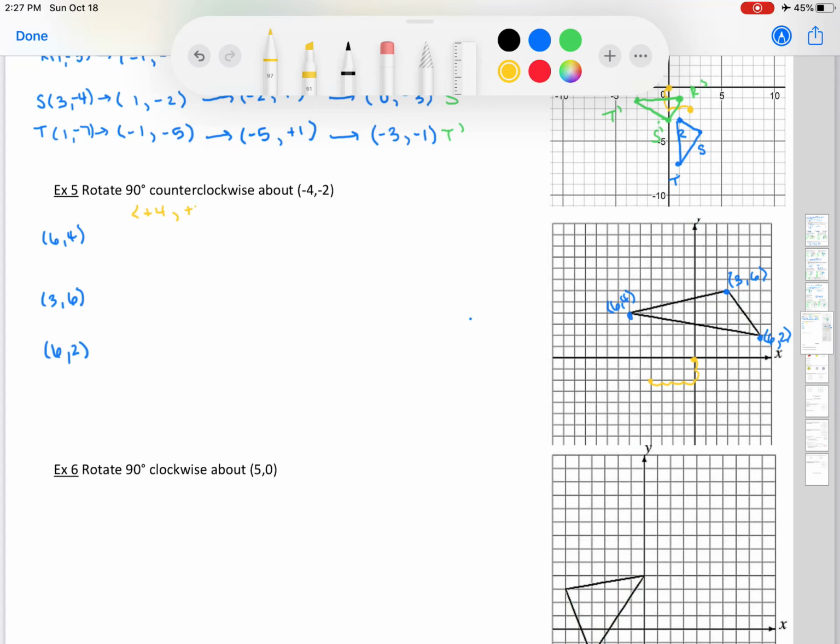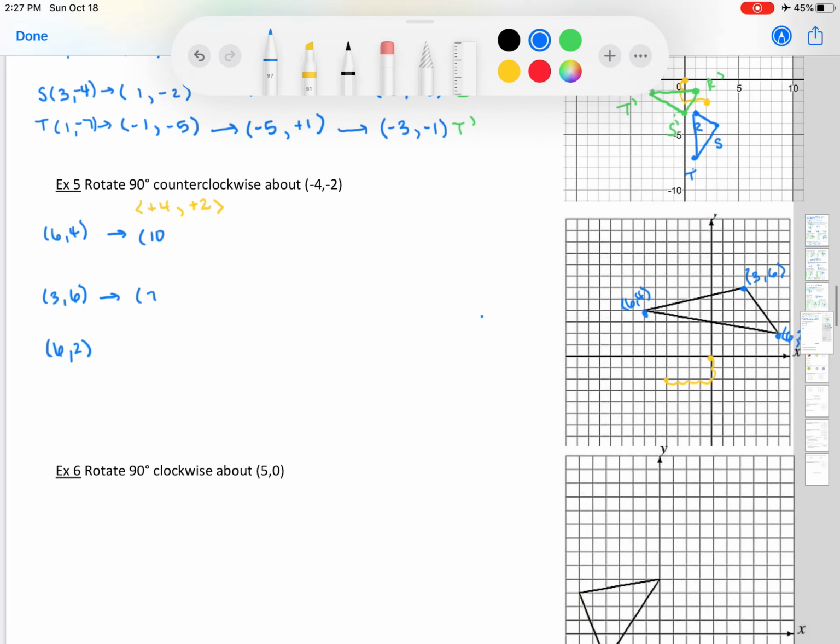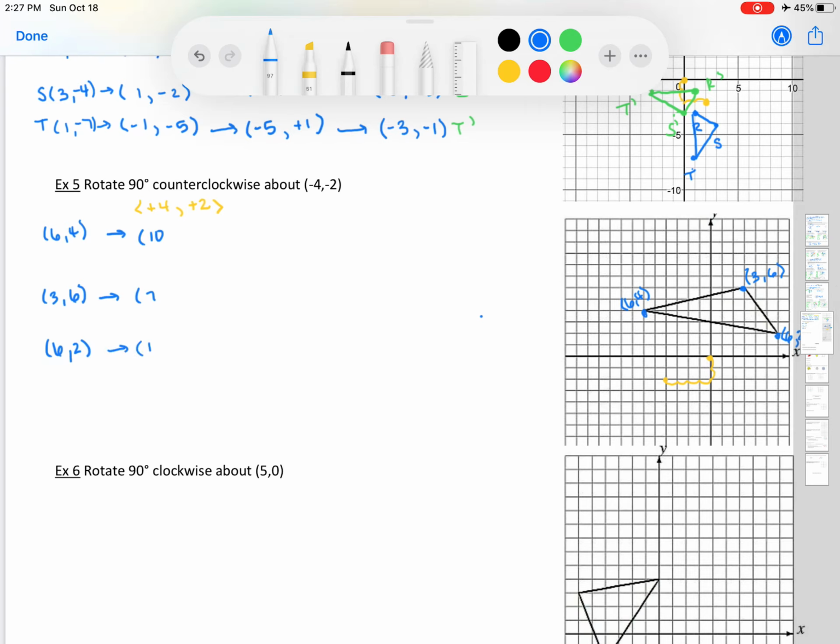And all of my y's need to go up 1, 2 in order for our rules of rotation to take place. So I'm adding 4 to my x's and adding 2 to my y's.